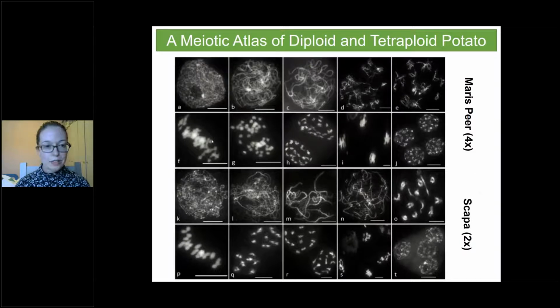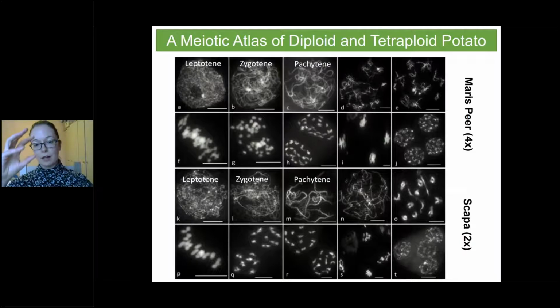So what we did was to identify the different stages. So here we've got the start of prophase, the chromosomes start to condense and fully pair up from leptotene through to pachytene. And then when they're fully paired all the way along their length, that's where the crossovers take place, generally in the pachytene stage here. So at the top you can see the tetraploid atlas, and at the bottom we've got the diploid atlas here.